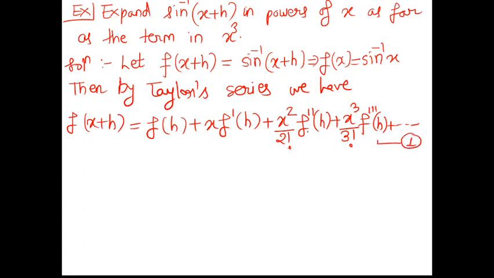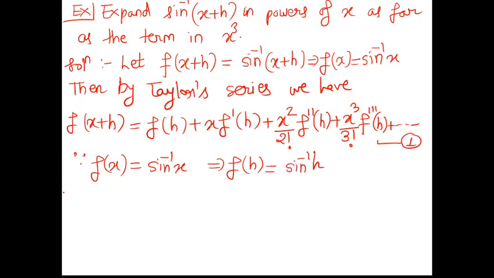Now evaluate as per the requirement of this equation 1. We want f of h, f dash of h, f double dash of h and so on. So let's first find out the derivative and evaluate its value at x is equal to h. Since f of x is sine inverse of x, its value at x is equal to h will be nothing but sine inverse of h.